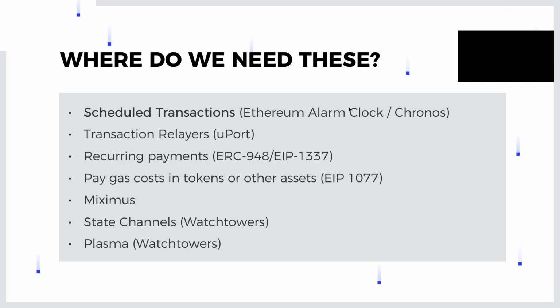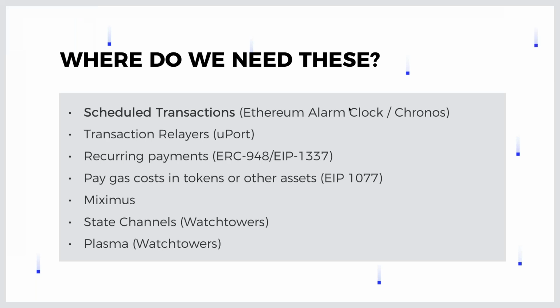Also, this is probably going to be one of the solutions for recurring payments, so ERC 948, or now EIP 1337. There's also the interesting EIP 1077, which is paying gas costs with tokens and other assets for transactions.